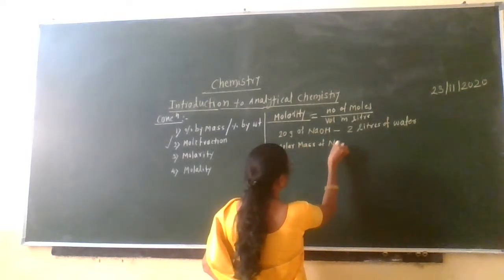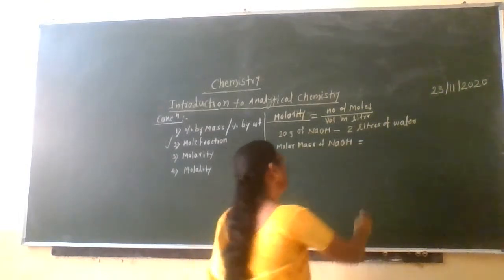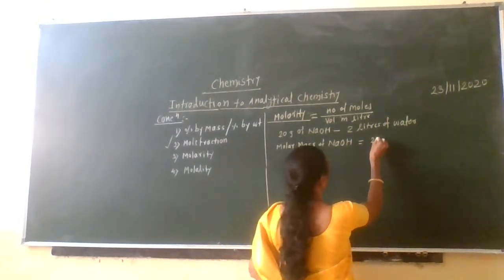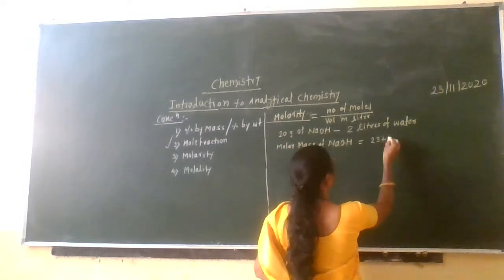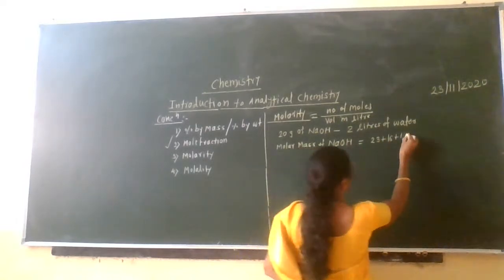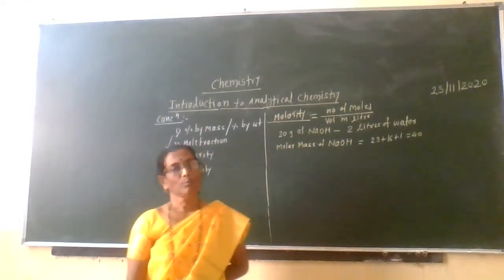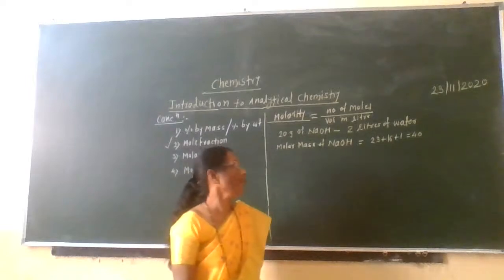We can calculate from the formula: for sodium 23, for oxygen 16 and for hydrogen 1. That is equal to 40. 40 gram is the molar mass of the NaOH.